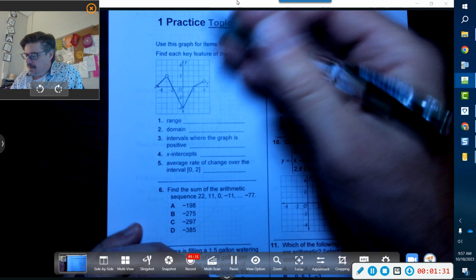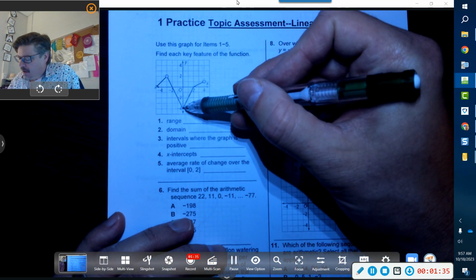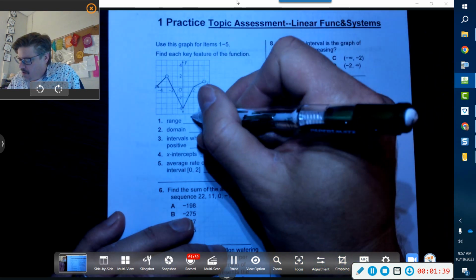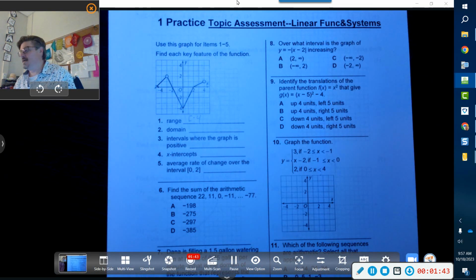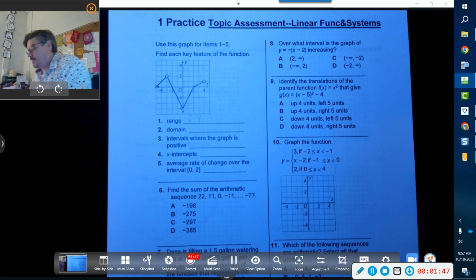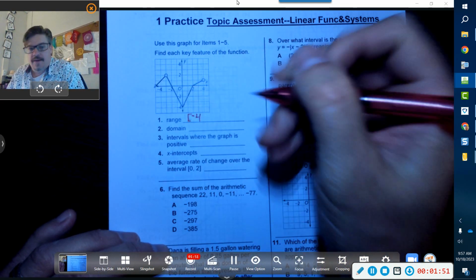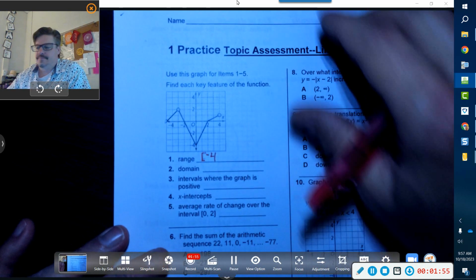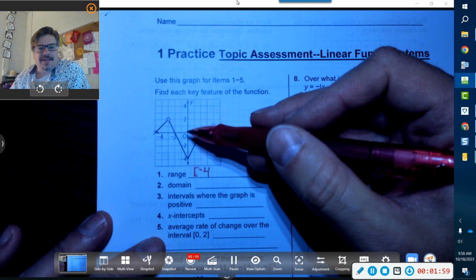Let's look at the range. The range is mentioned first, so let's do that. We go from the lowest to the highest. As I go from the lowest, I know that I am including -4. It's kind of hard to see, maybe I should use a pen here. Let's grab a pen. All right, we're going to go from -4, and the range is going to go all the way up to the highest.